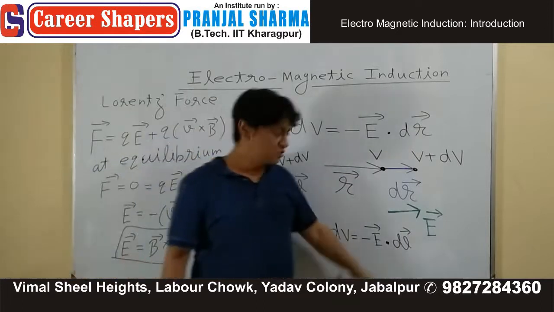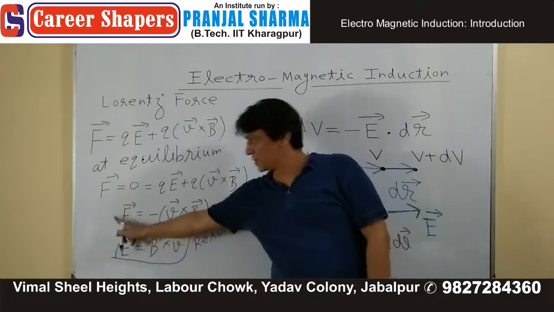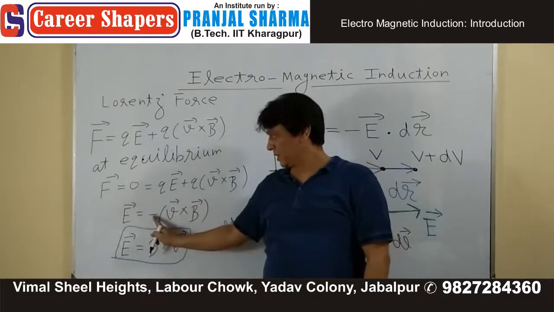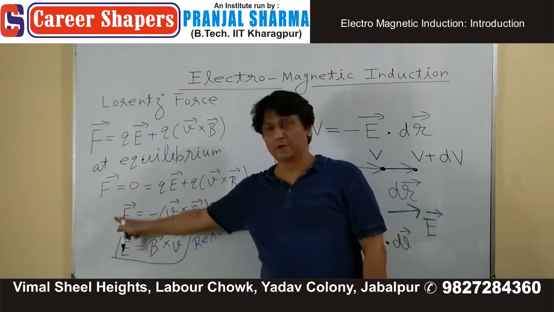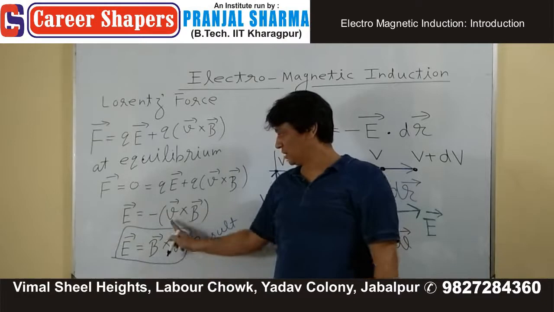Now what is minus of E? Take the negative sign there. If I move this negative sign over here, this is minus of E. And what is minus of E?